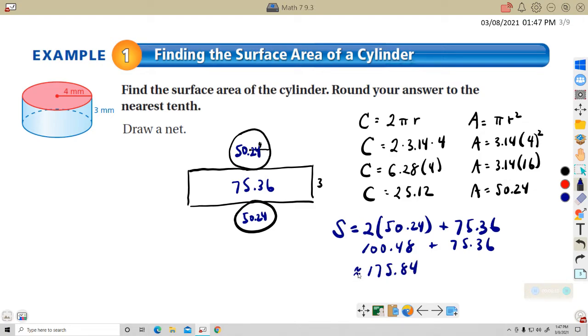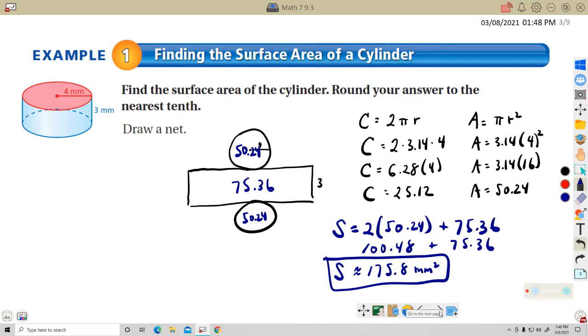And I'm going to put approximately here because we're rounding to the nearest tenth, so I have to round this to the tenth. And this will be millimeters squared. Okay, so there's our first example.